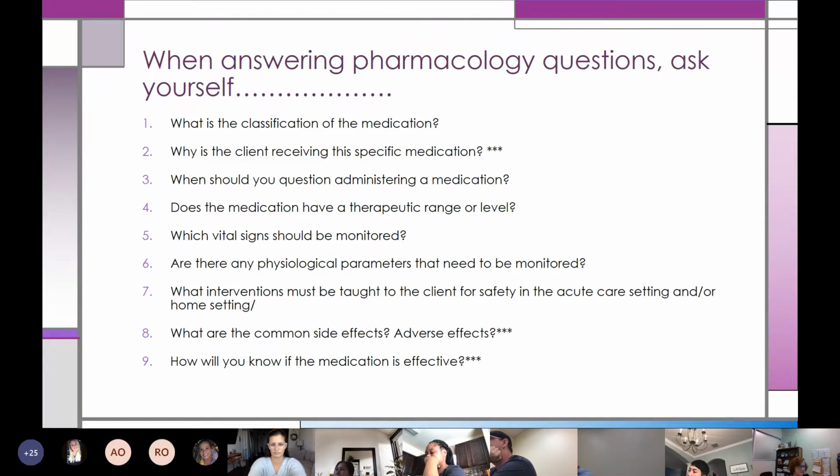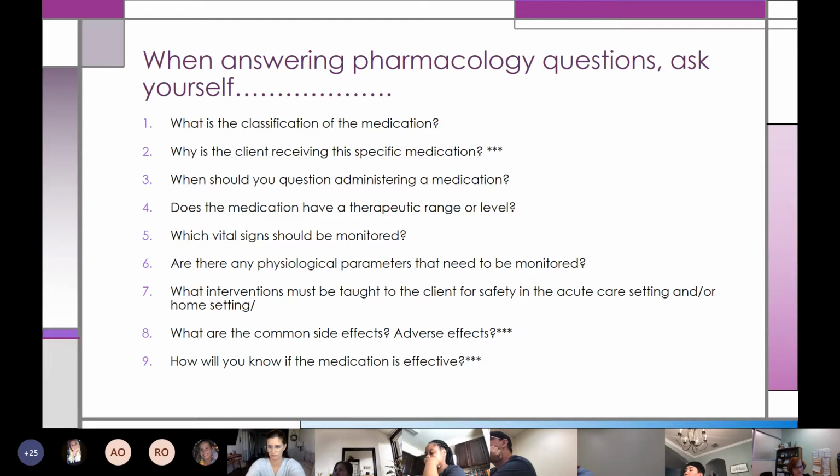Is there a therapeutic range or level associated with that medicine, for instance, with lithium? Do I need to know a therapeutic range? What vital signs do I have to monitor? What should we be monitoring with vital signs? Any other physiological parameters that you need to look at? So what should we be teaching our patient to keep them safe, both at the hospital or at home or wherever they might be?